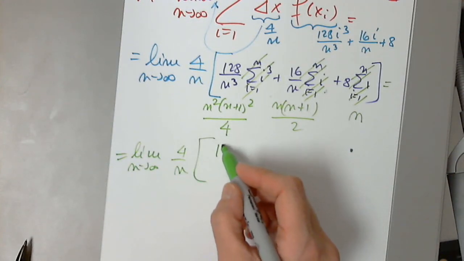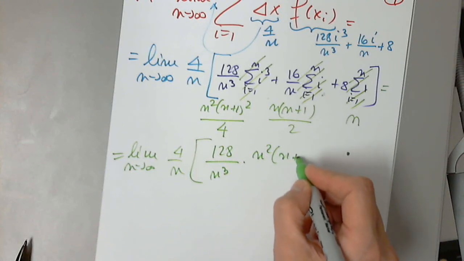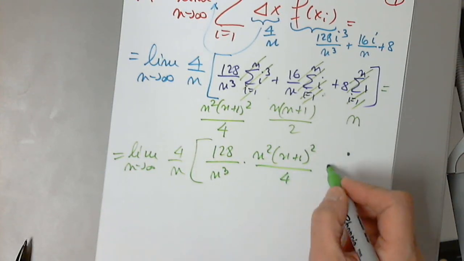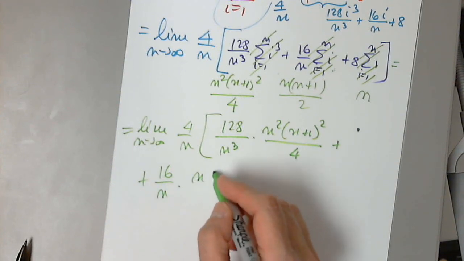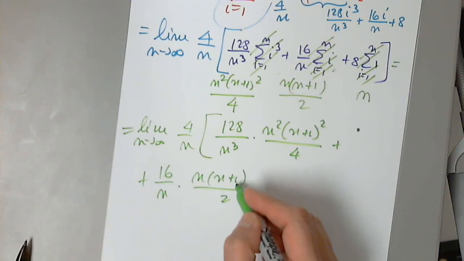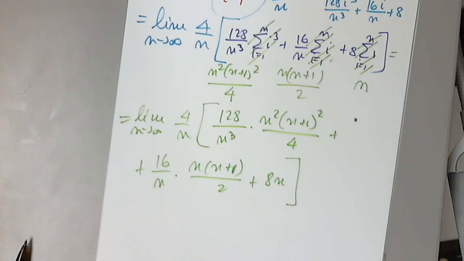Okay. 128 over n cubed times n squared, n plus 1 squared over 4 plus 16 over n times n plus 1 over 2, and plus 8n. So all I did was to actually replace the sigmas by what they equal to. Now I'm on the hunt for the least common denominator.